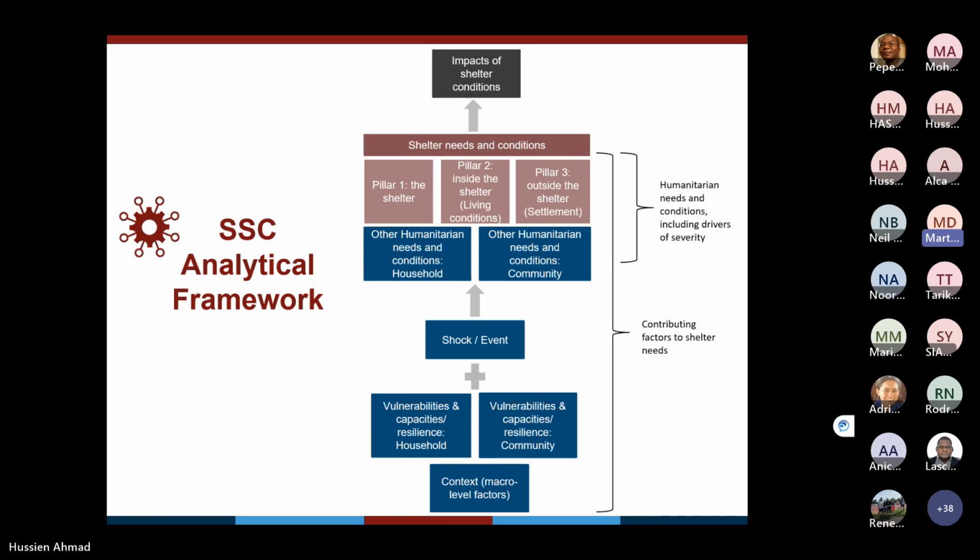It would not impact what data we are collecting, but we want to know if, for example, persons with disability, older persons, or female-headed households are more affected or have severity score 5 or 4 at the household level.